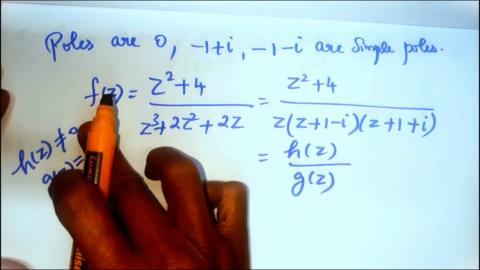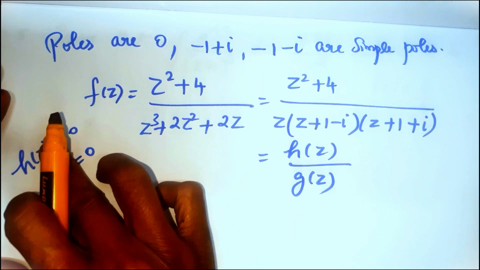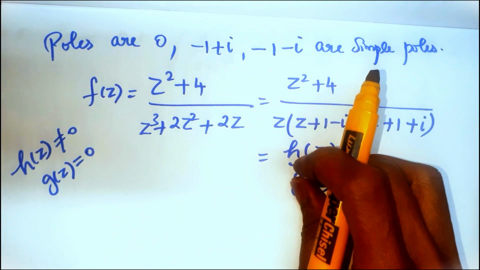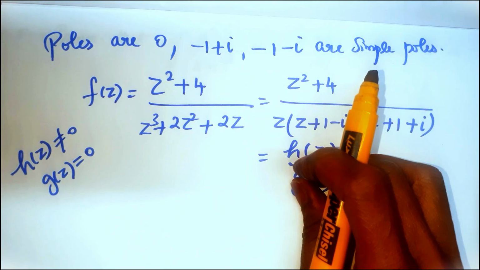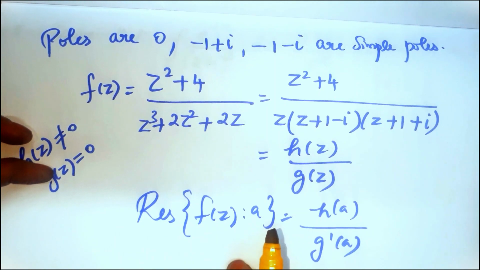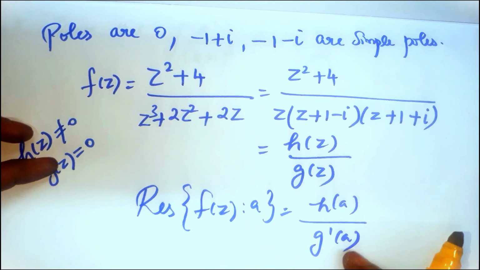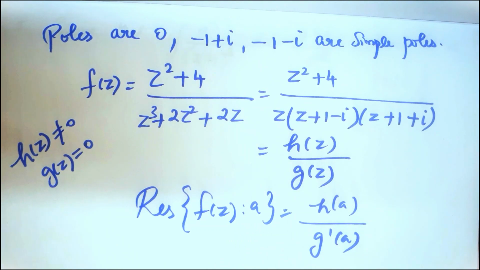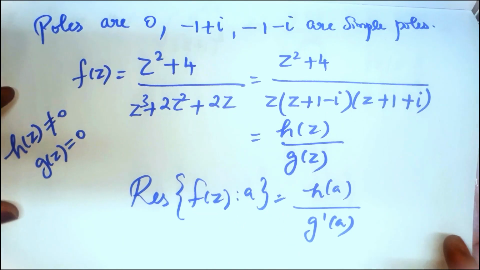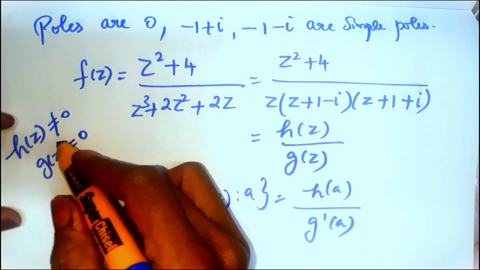If h of z is not equal to 0 and g of z equal to 0 means we can proceed with the result we saw earlier. This is the result we saw. Residue of f of z at the pole z equal to a is h of a by g dash of a. So for that, first we have to make sure h of z is not equal to 0. One by one we have to check.